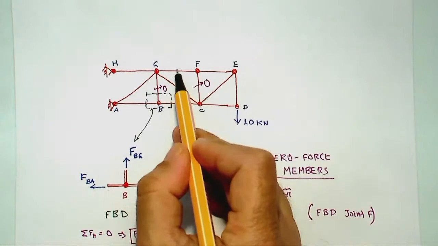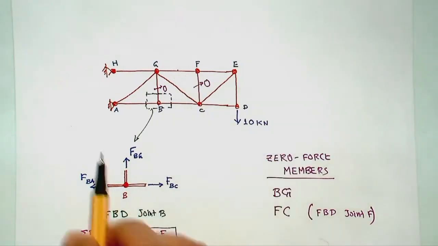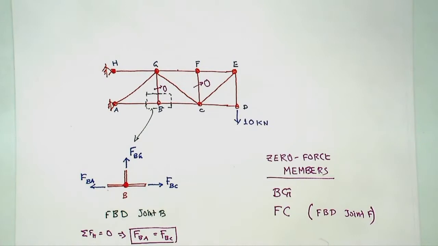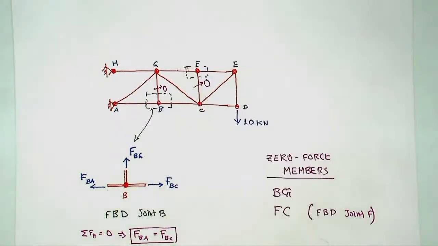FG, this one. So this one, if you drew the free body diagram of point F, let's say you make a free body diagram of point F, maybe going something like so.